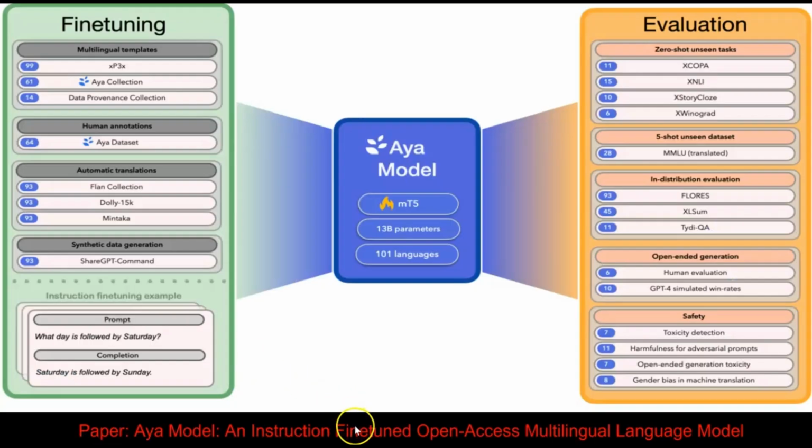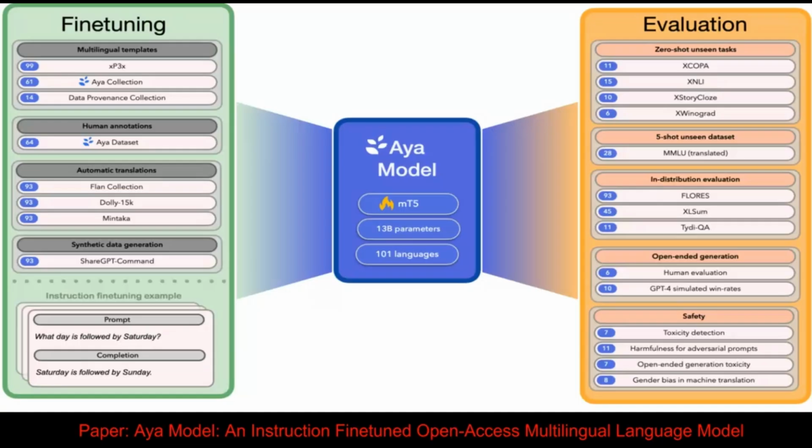All right, so this is a diagram from the paper that we just saw about the Aya model. As we can see, the Aya model is a fine-tuned version of another model called MT5, and it has been fine-tuned using many different datasets such as xP3x, Aya Collection, and Aya Dataset, which we'll study in detail. But the most important thing is that it is fine-tuned through instruction fine-tuning.